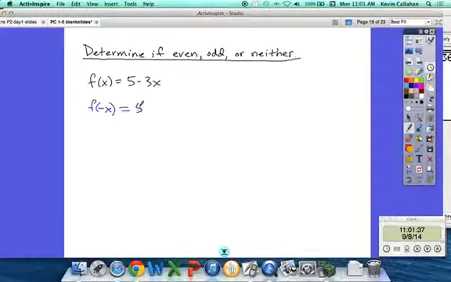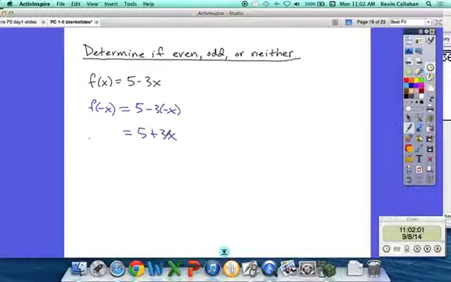So this becomes 5 minus 3 times negative x. Simplify: 5 plus 3x. Now, is that exactly that? So it's not even. It would have to be exactly that to be even. Is it exactly the opposite of that?